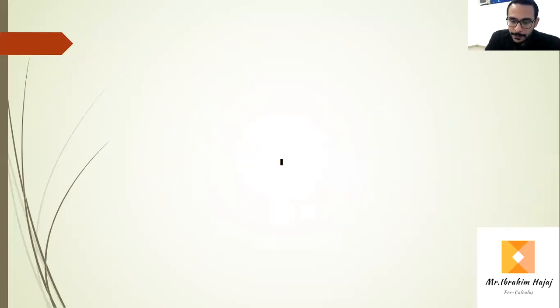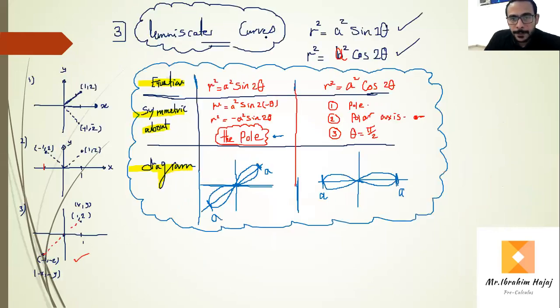Okay, 1 minute please. When it's r squared, let us give here an example of how to graph r squared equals a squared sine 2 theta.